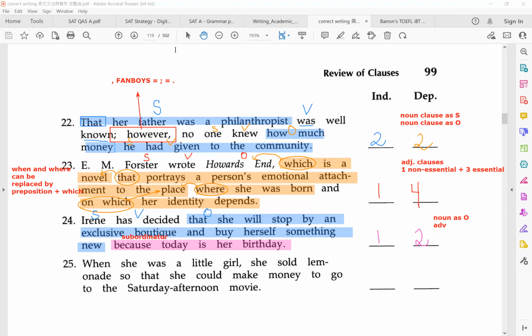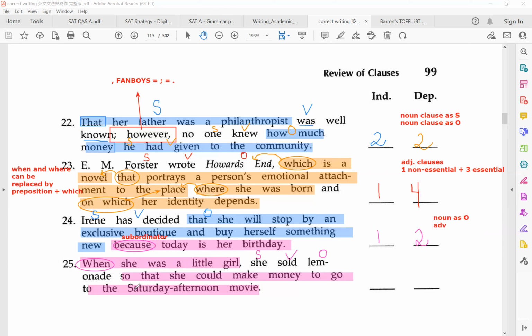Okay, last but not least, when she was a little girl. So when is my subordinator like because, and that's where I have introducer comma. My independent clause is she sold lemonade. And then afterwards, I have a subordinator so that she could make money to go to the Saturday afternoon movie. So if you find this too long, remember what you can do.